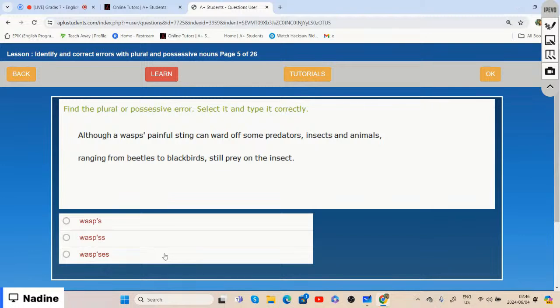And we say although the wasp's, right, because we're actually referring to one, so it is wasp apostrophe s.